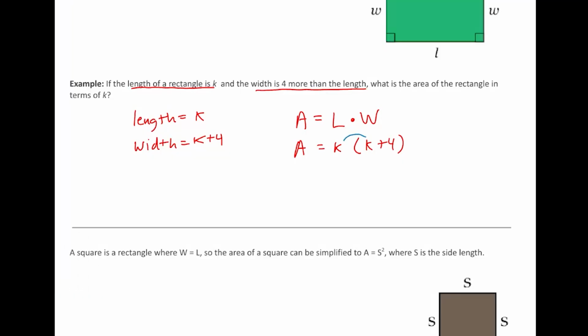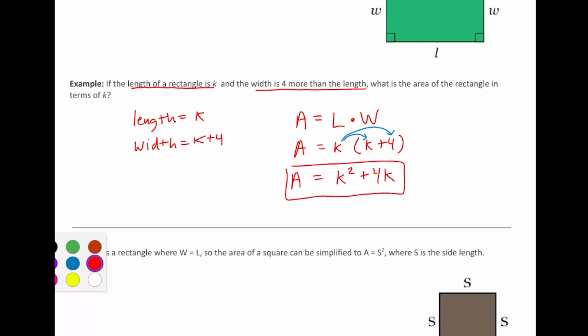Distributing that K, we get K times K, which is K squared, and then K times 4, which is 4K. So this would be our expression for the area. It's not asking us to solve for K, and we really couldn't anyway because we don't know what the area is. It's just asking us to come up with an expression in terms of K for the area. But at the end of the day, you just multiply the 2 dimensions by each other to get the area.